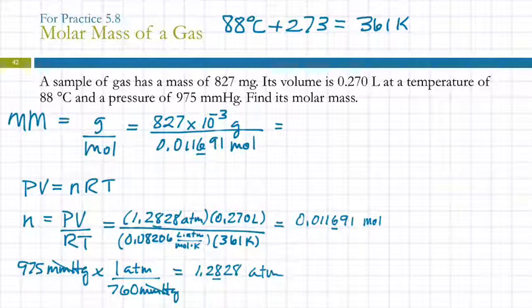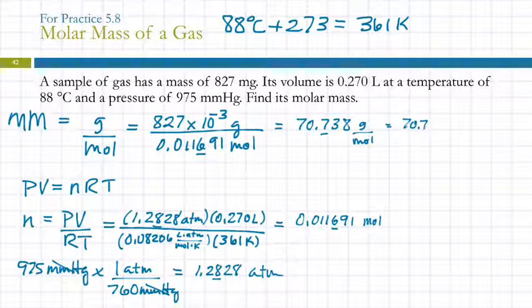I divided by 0.00169. That's not good. 489 would be a really high molar mass for a volatile liquid. So I'm going to do my math again. That's better, 70.738. Three sig figs, units are grams per mole. So the molar mass is 70.7 grams per mole.